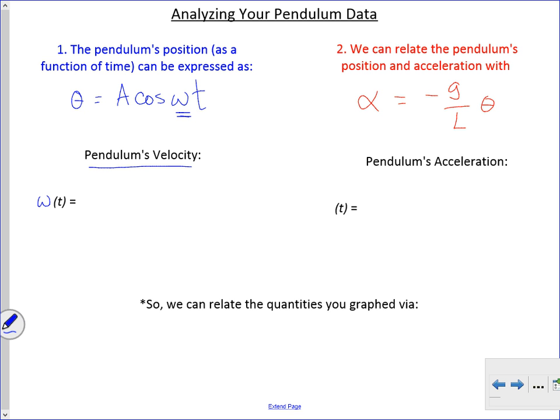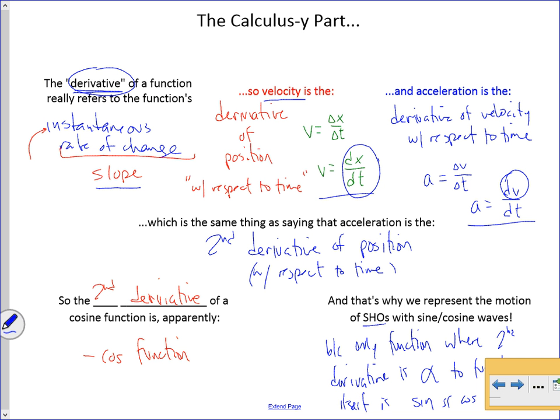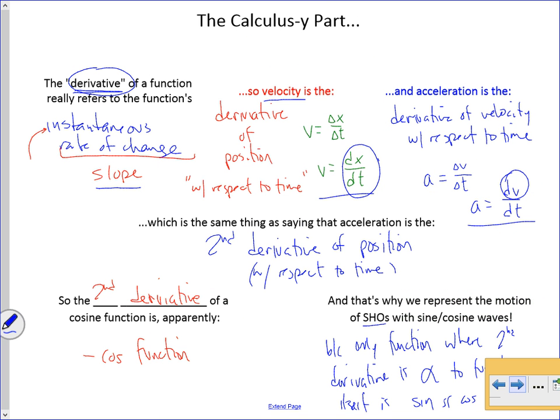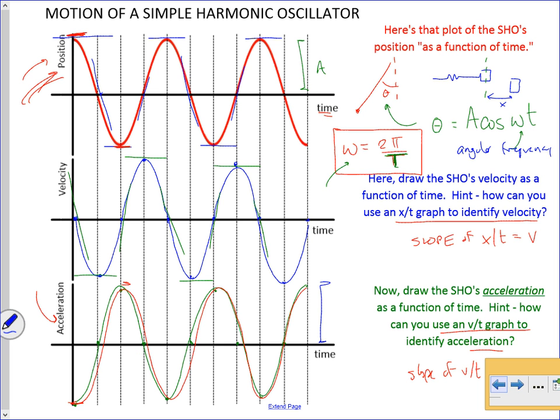But if we want to talk about the pendulum's velocity, well, like we said, first of all, it's the first derivative of the position time function. Here it is in blue. Here's the angular velocity versus time. And that's a negative sine curve. A real sine curve starts going upward and then comes down.